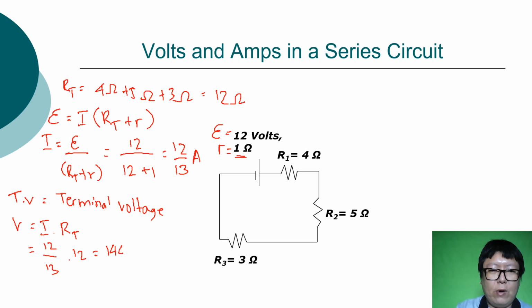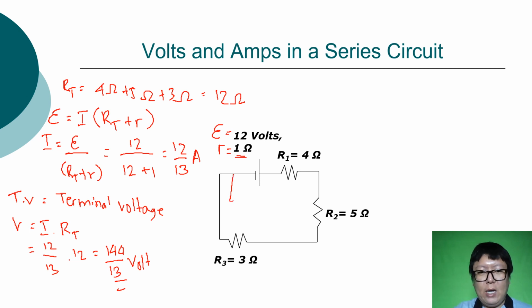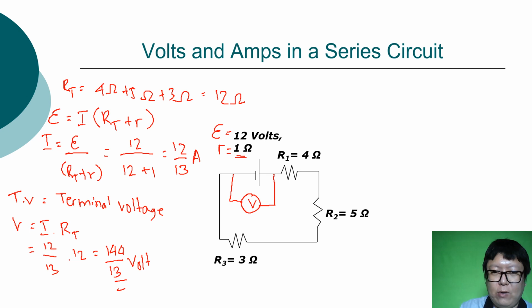So 144 over 13 volt. So if you put your voltmeter in here, the voltage that is measured by the voltmeter is the terminal voltage. Okay, why not 12 volt that goes out? Because the internal resistance will decrease the voltage. Well, because of what? Because of heat maybe.